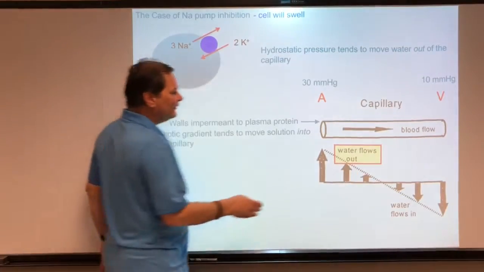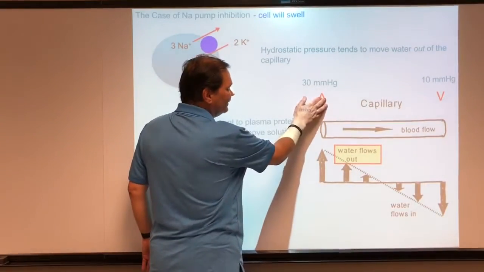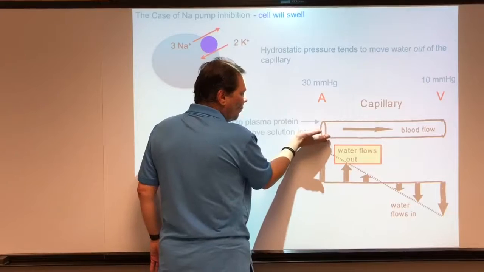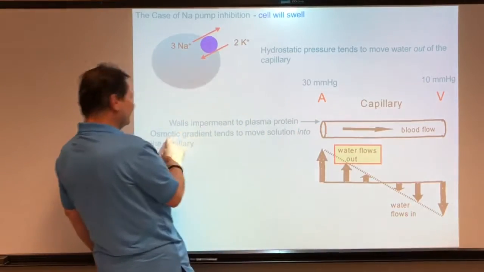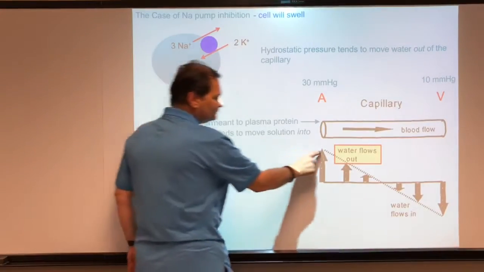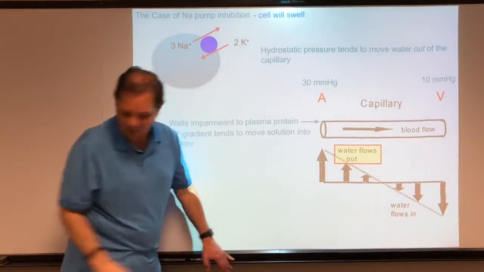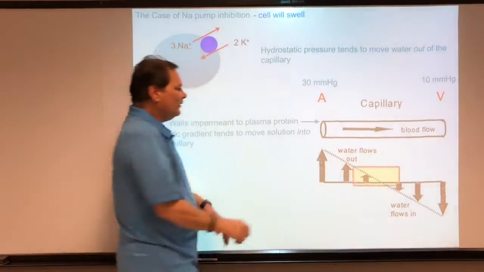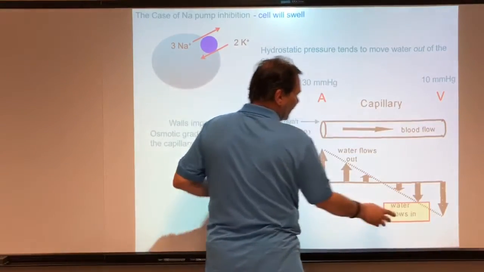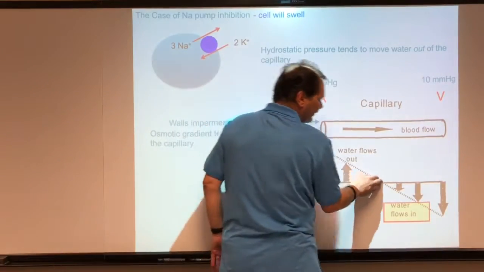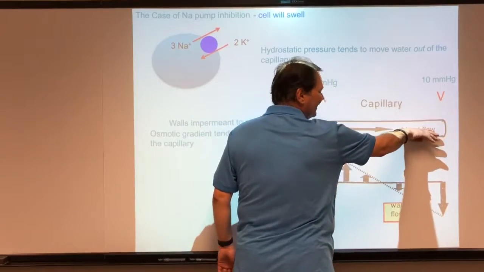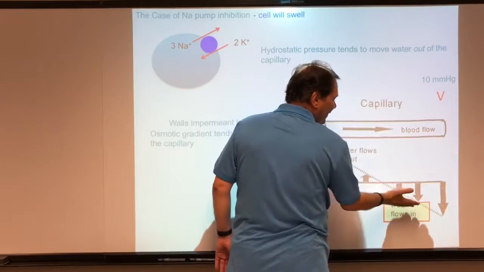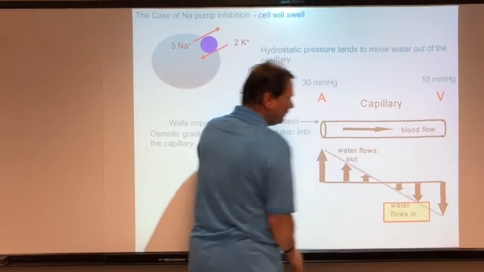On the arterial side, filtration wins, and we push more water out through filtration than we reabsorb through our osmotic gradient, okay? On the venous side, the hydrostatic pressure is lower, we're not filtering as much fluid, so on balance we reabsorb more fluid, that is more fluid moves down the osmotic gradient than we shove out through filtration.